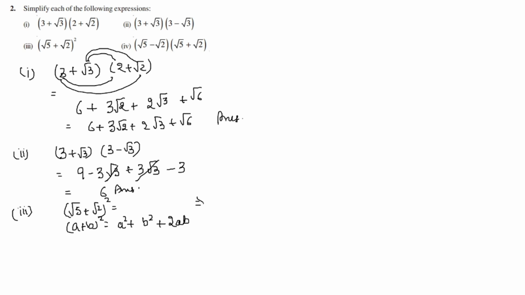We write root 5 whole square plus root 2 whole square plus 2 times root 5 times root 2. So we get 5 plus 2 plus 2 root 10, which is equal to 7 plus 2 root 10. And this is the answer.